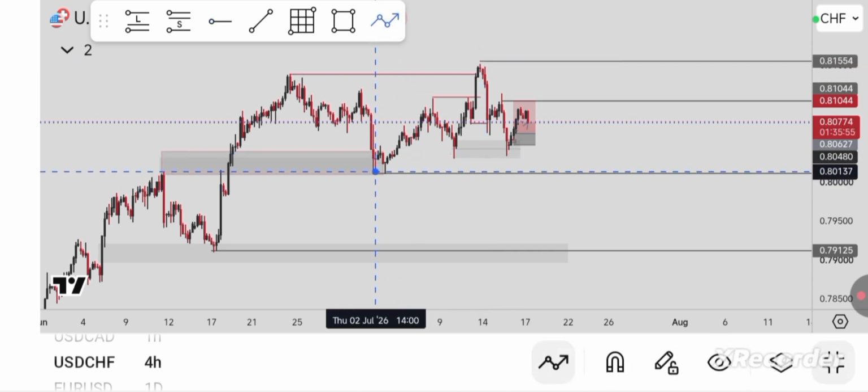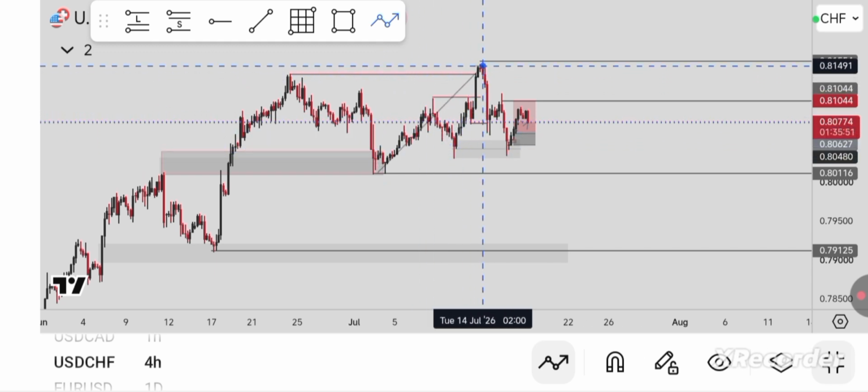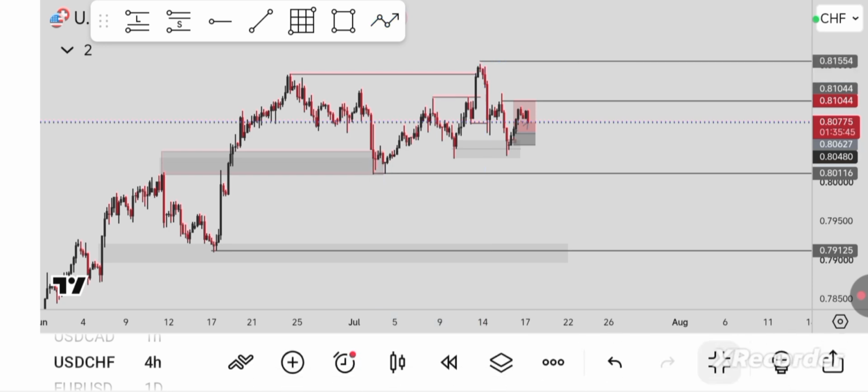The market moved from this low, came up and broke this structure. Now, within this new recent structure, we are going to be looking for another point of interest, another key level that will continue the bullish move.